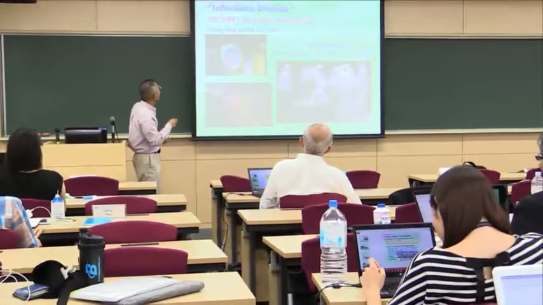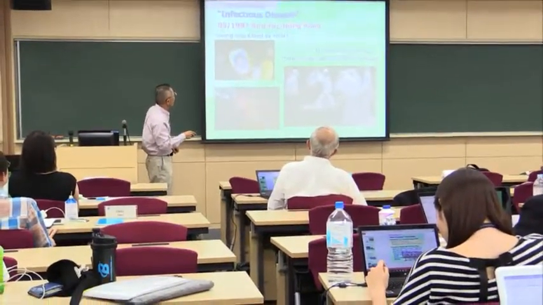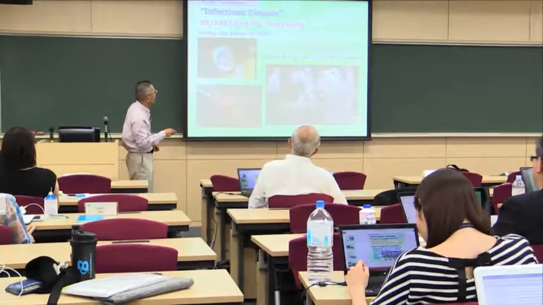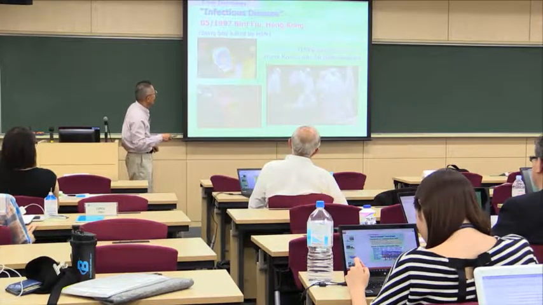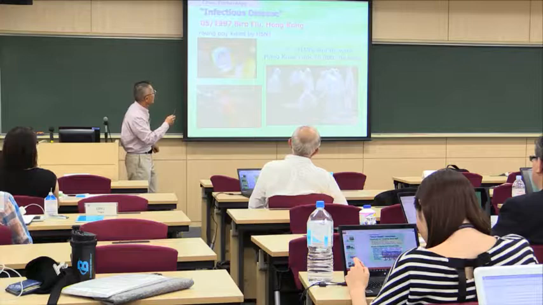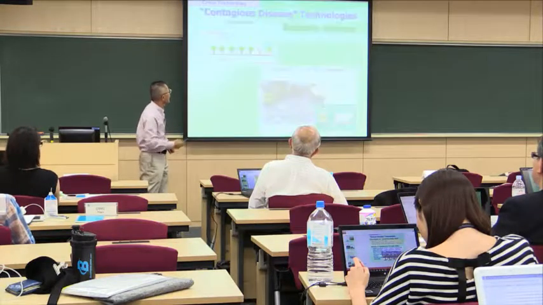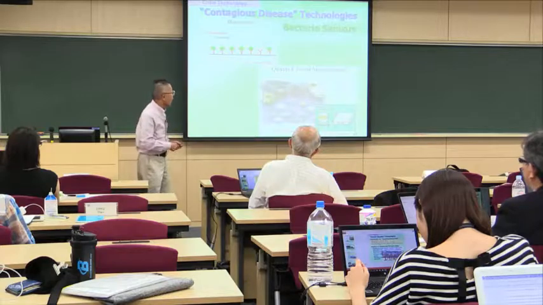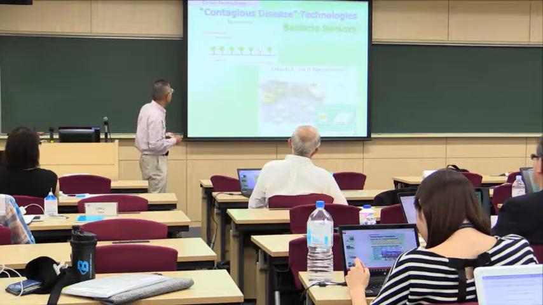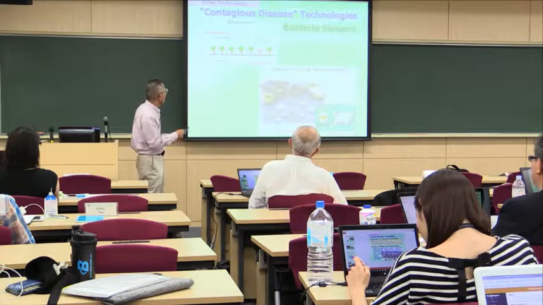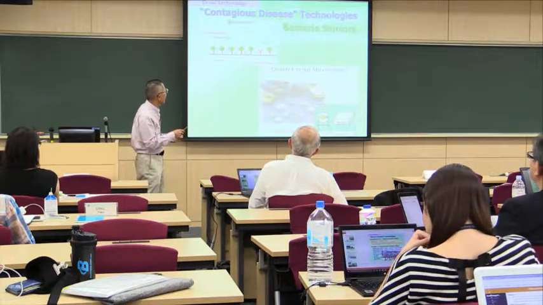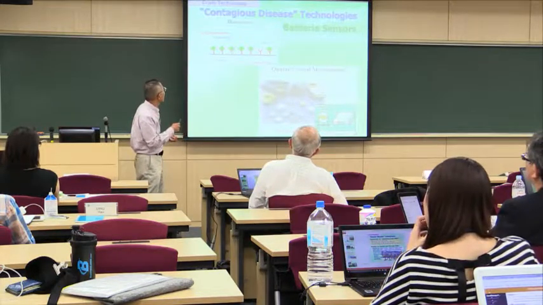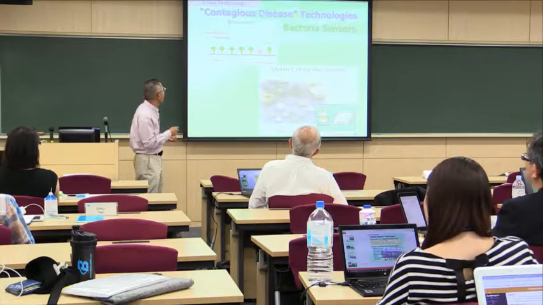So the bird flu in Hong Kong, the young boy killed, this H7N9 is a bird flu. Regarding this virus situation, my colleague at Urban University developed bacteria sensors. So contagious disease, so biosensor.